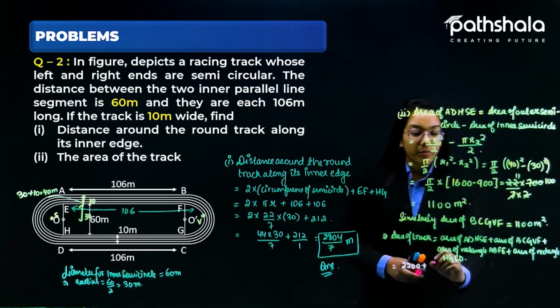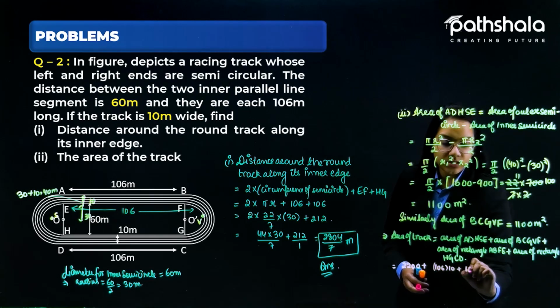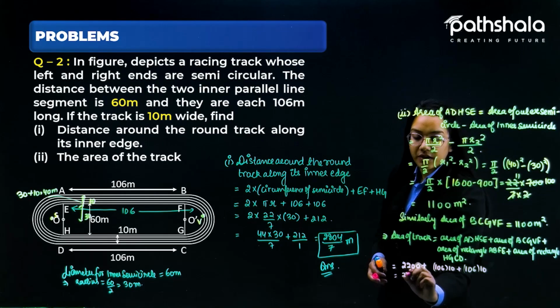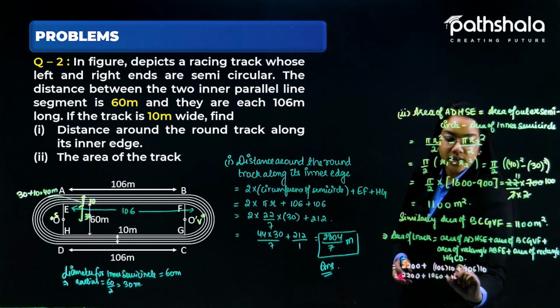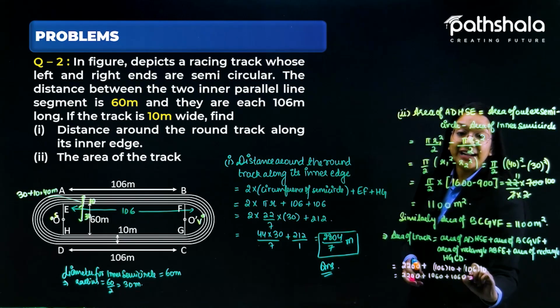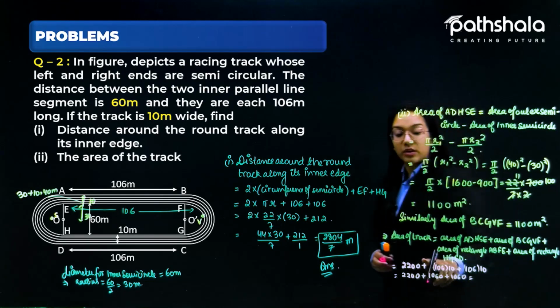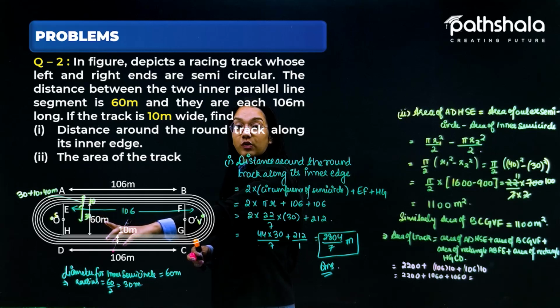So this would be 106 into 10 plus 106 into 10. So we are getting 2200 plus 1060 plus 1060.